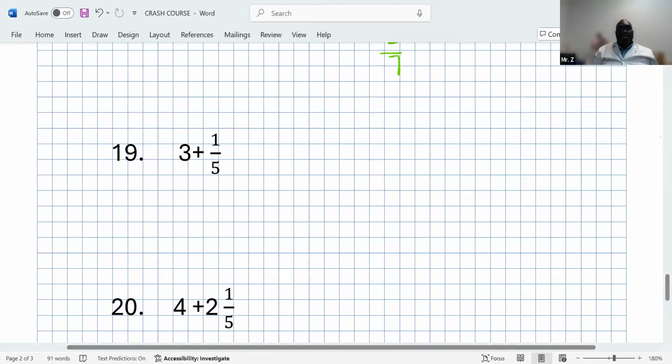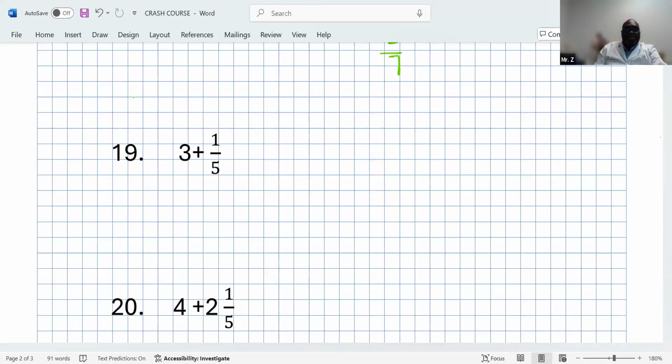Number 19, it's a case of a whole number you're adding to a fraction. Same advice I'm going to give you here. So go ahead, add 1/3.